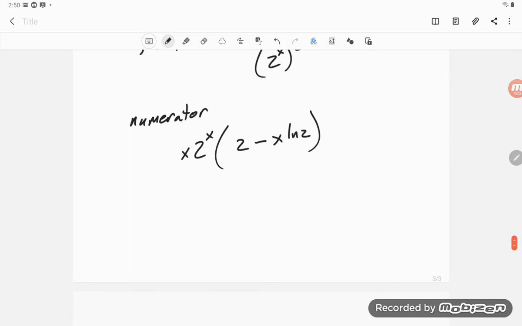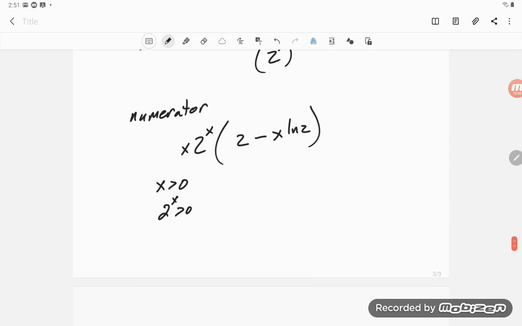Now x is greater than 0. 2 to the x is greater than 0. And so the only way this will be positive or negative is this term here, the 2 minus x log 2. Well, when is it 0 and when is it not? This is just a straight line.